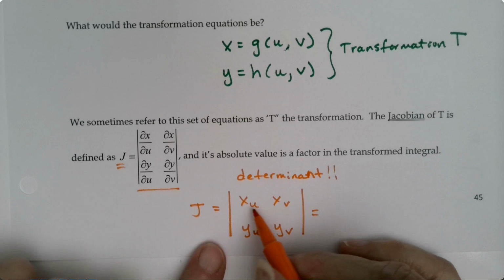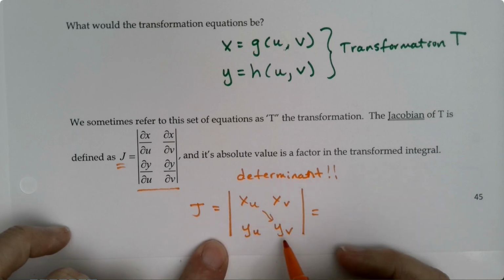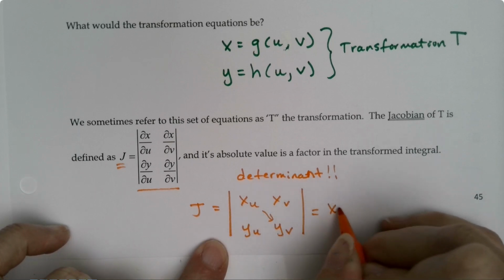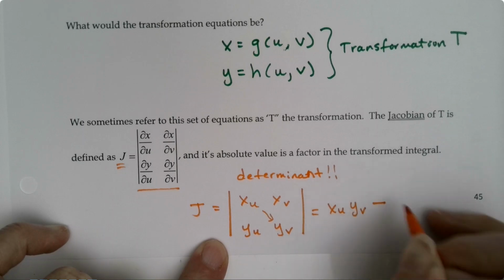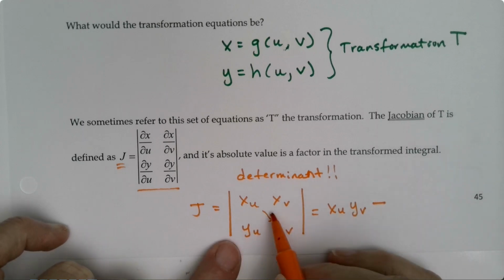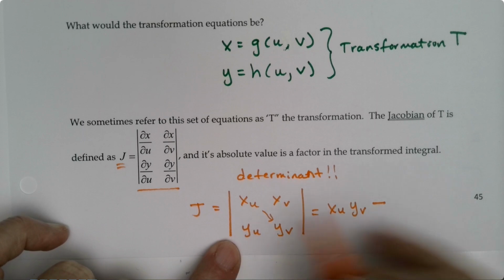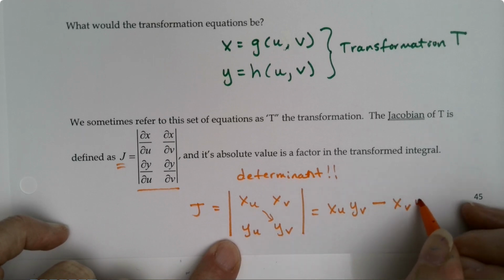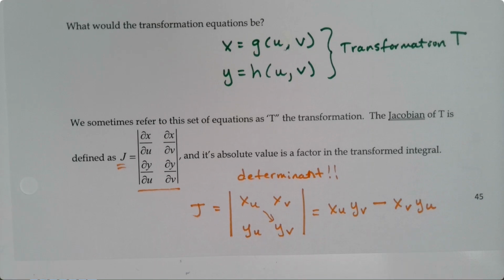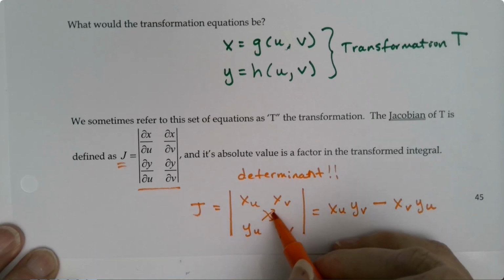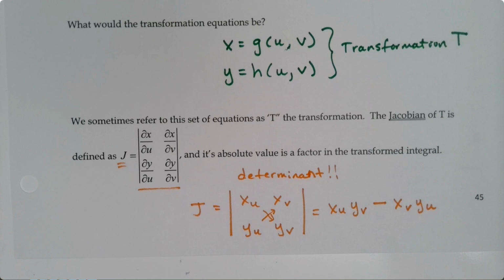And so you go across. You go xu times yv minus xv times yu. It's a smaller component of what we were doing when we did the cross products back in chapter 11. Sorry, chapter 13 in the newest edition.